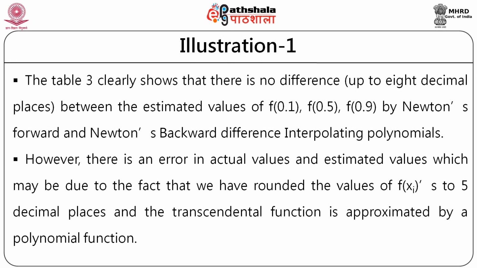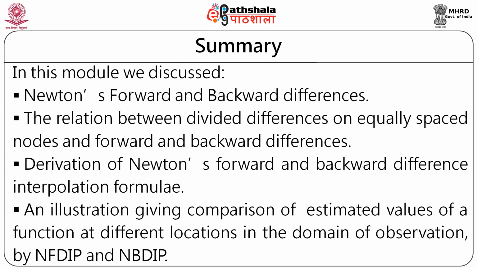However, there is an error between actual values and estimated values, which may be due to the fact that we have rounded the values of f(x_i) and s to 5 decimal places, and because it is a transcendental function, it is approximated by a polynomial function, because our function f(x) is e raised to 2x into cos 3x. So, which is a transcendental function approximated by a polynomial function, and hence that much error can be justified.